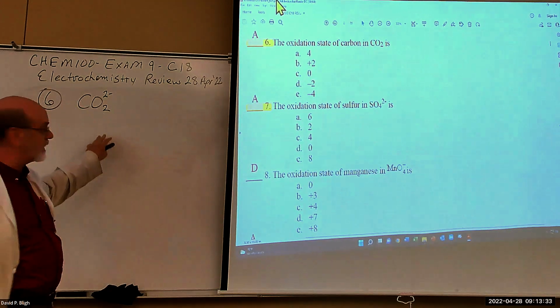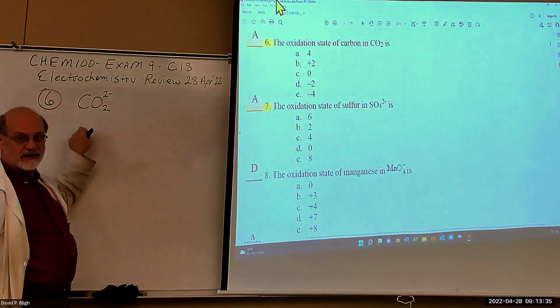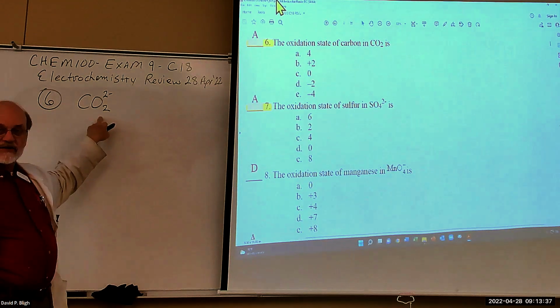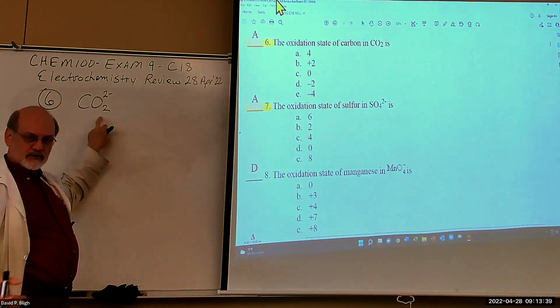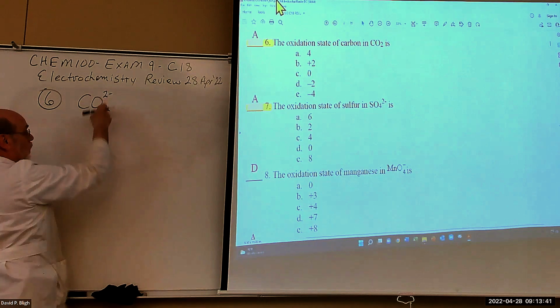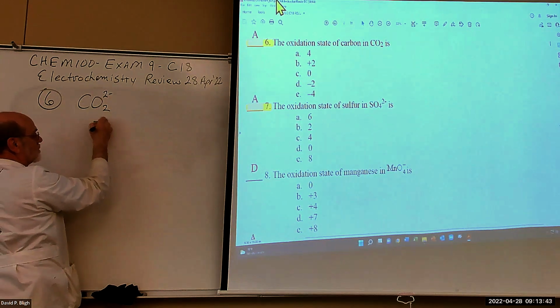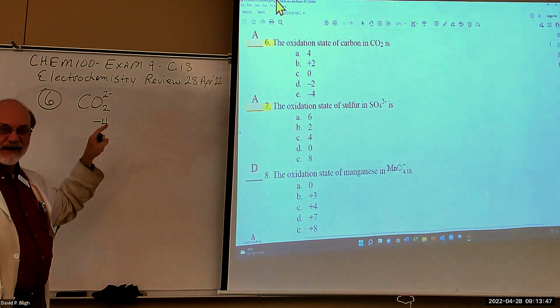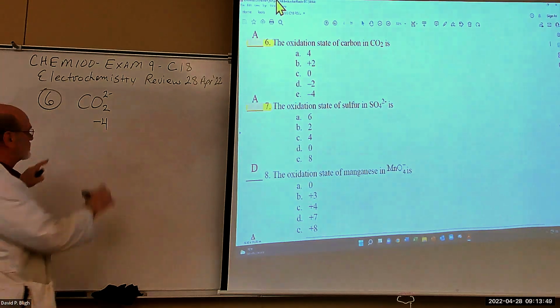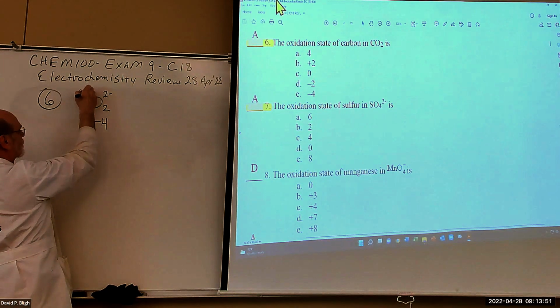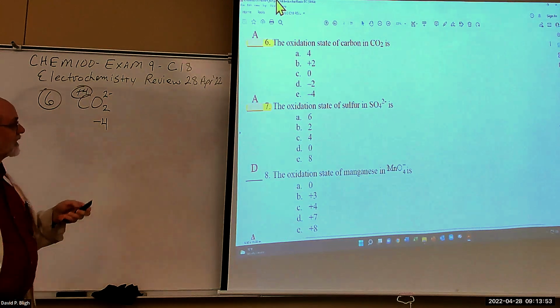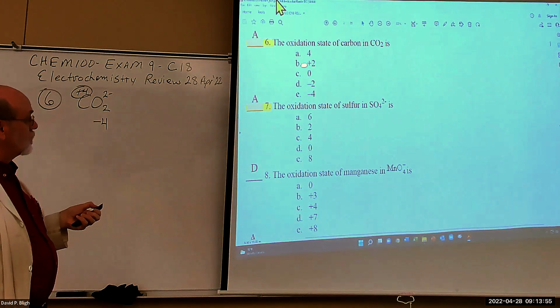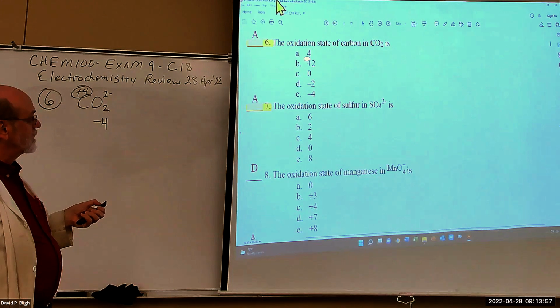Because this is a covalent compound, 2 nonmetals. But its oxidation state for bookkeeping purposes is 2-. That means the total for oxygen is -4. That means that one carbon has to balance that -4 with a +4. Okay, so there it is right there.